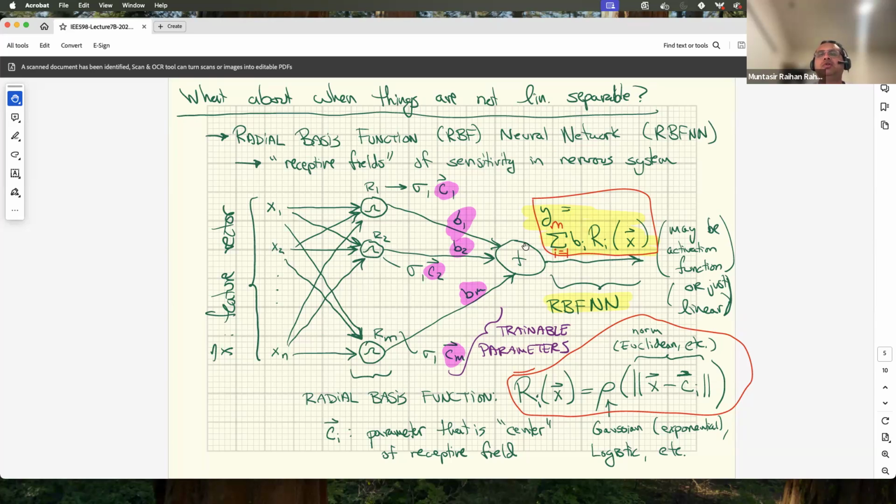And if you want, you can also have a bias term here, and if the output is greater than the bias, you say it's positive, and if it's less than the bias, you say it's negative, right? So at this point, this is still a continuous output, but then you can use existing techniques where you pass it through a threshold, and if it's above some threshold, you say it's one class, and if it's below, it's another class.